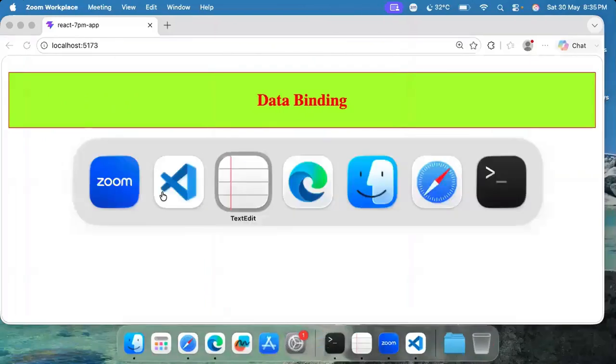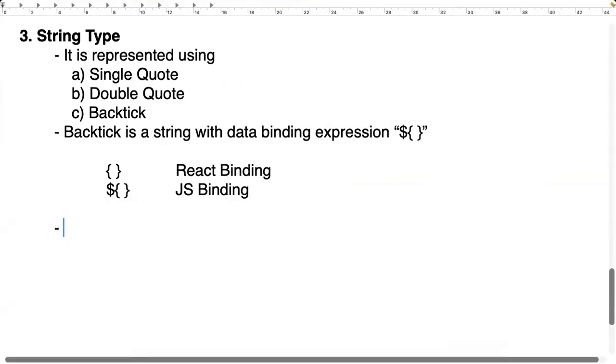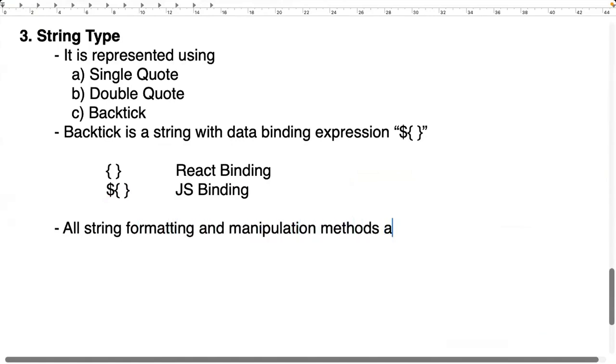Only one more thing: all string methods, string formatting and manipulation methods are the same. There is no change. Same as in JavaScript. What are the string manipulation methods you learned?